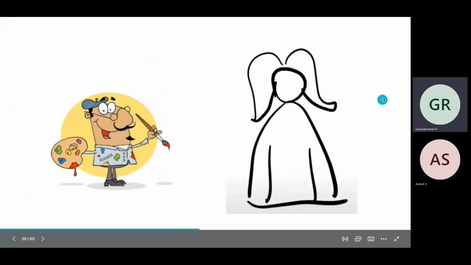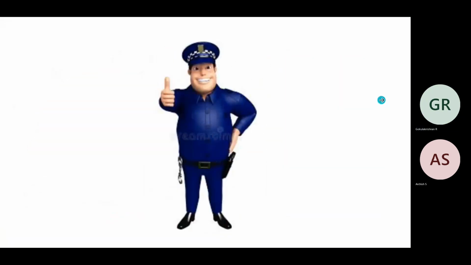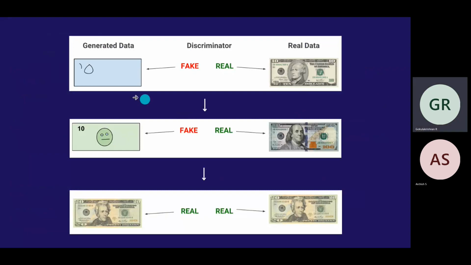As I told, initially the image is really bad, and the discriminator says it's fake. This is the real data. So how does the discriminator say that the image is fake? It should compare it with an actual image and find the similarities. If it's too bad, it says it's fake, else it says it's real.